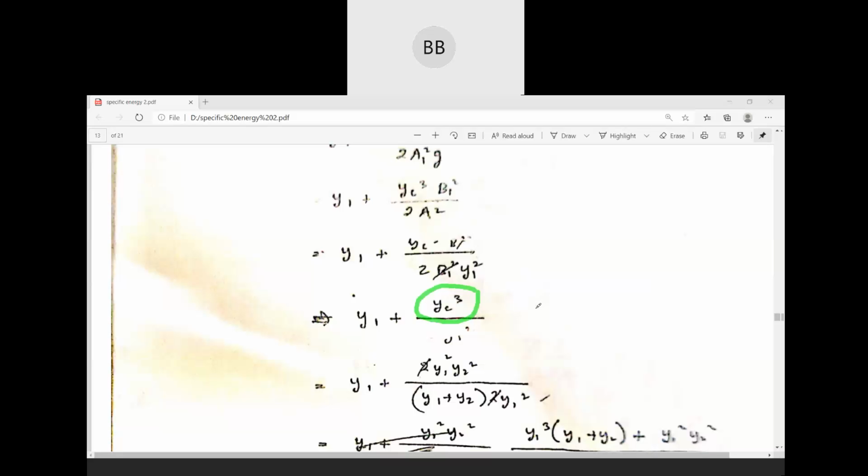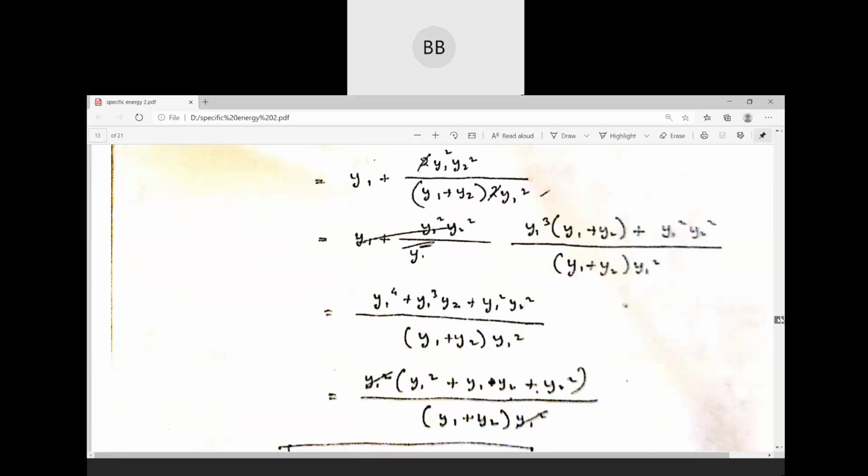First, you have to find out the expression for yc cube, and then that expression you have to substitute here. This is your twice y1 squared. So you substitute here and do simple simplification, you will directly get the required expression.